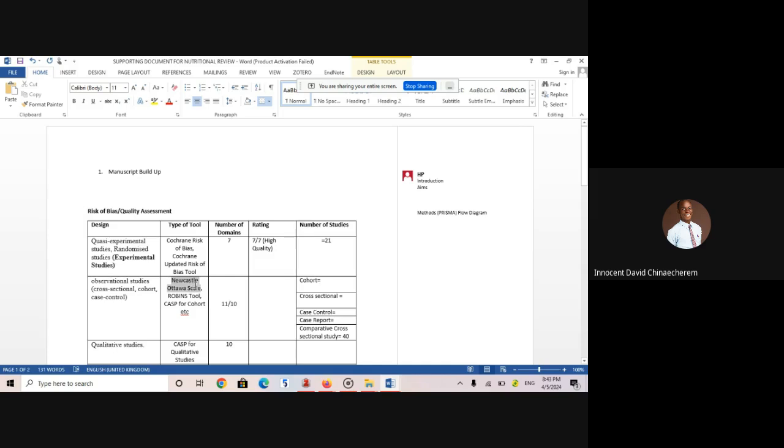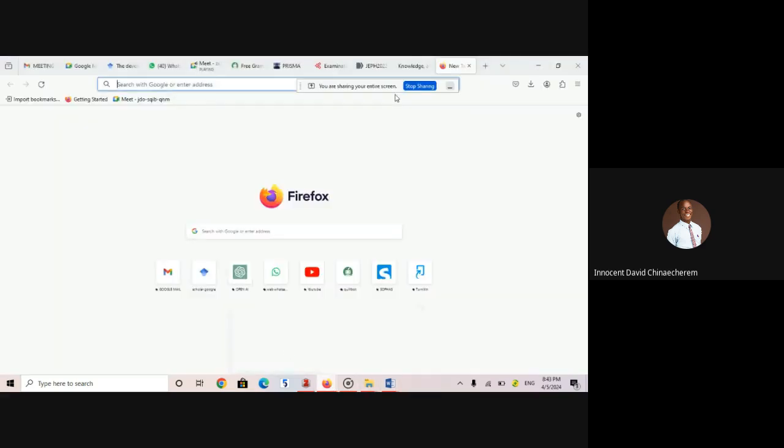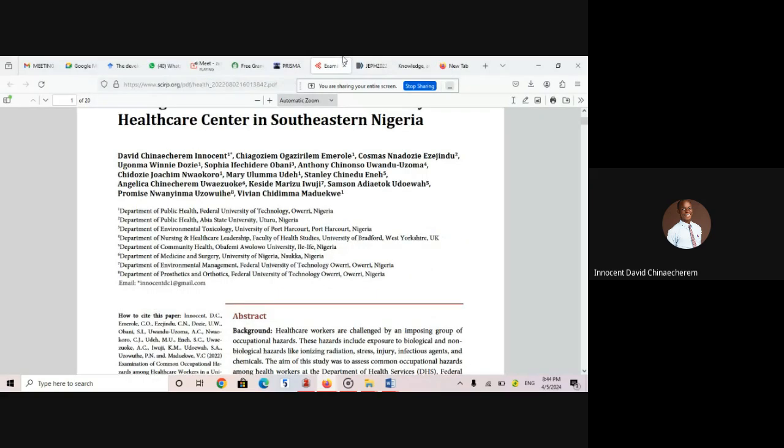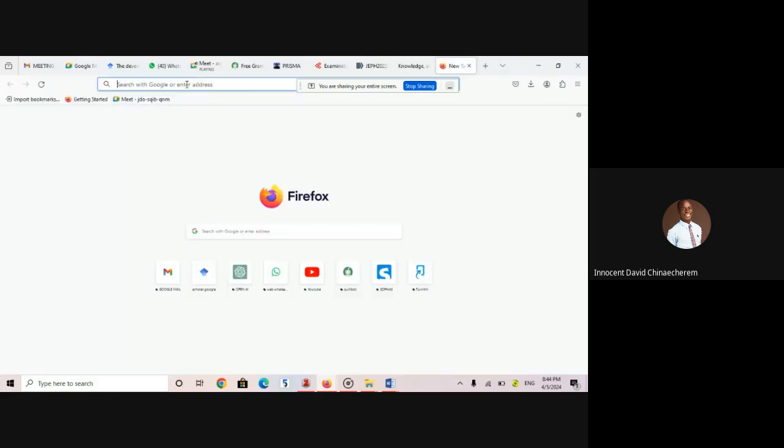So if my 3 articles here, 1, 2, 3, are cross-sectional studies, I might decide to use the Newcastle-Ottawa scale, then I have to justify it in my write-up. Or I might decide to use the Critical Appraisal Skills Programme form, which is the CASP tool. I might decide to use the mixed methods tool. I might decide to use the Joanna Briggs Institute checklist form.